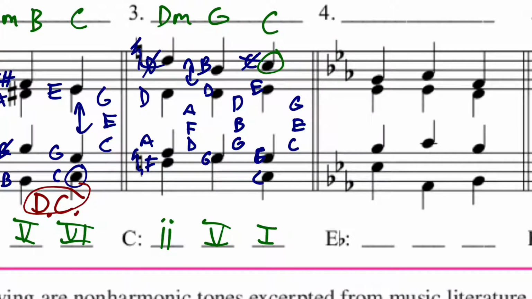Because both chords are in root position, and because the highest sounding note in the last chord is the tonic too, it makes it what's called a perfect authentic cadence. Not just an authentic one, but a perfect one. Both chords in root position, and the last chord has the tonic in the top.